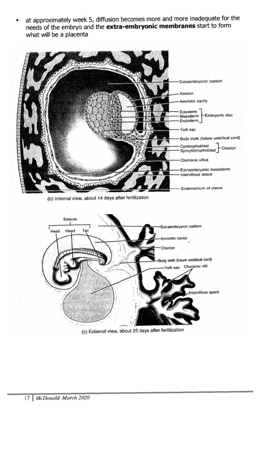Around week 5, diffusion is becoming inadequate to support what's growing in the embryo here. So the formation of the placenta will start, and it's going to be ready around 3 months, as well as the extra embryonic membranes that we're going to see in this diagram here. So if we look, let's just start with the embryo. The embryo is here.